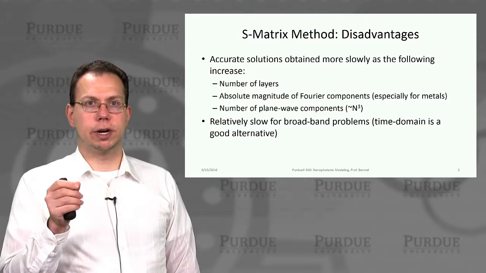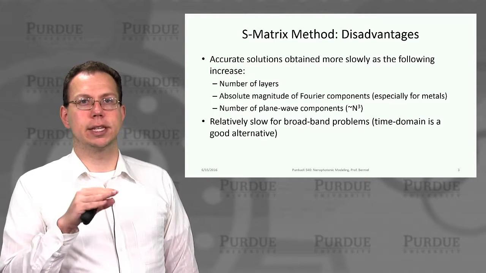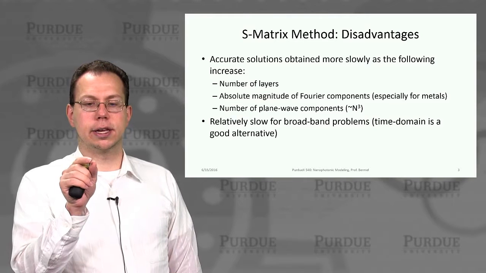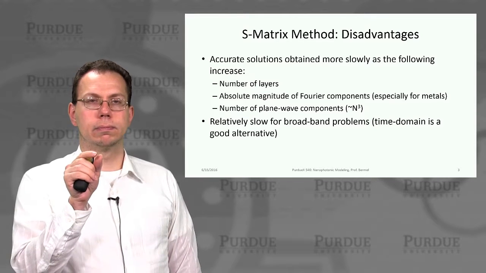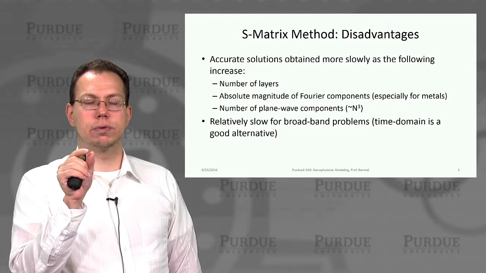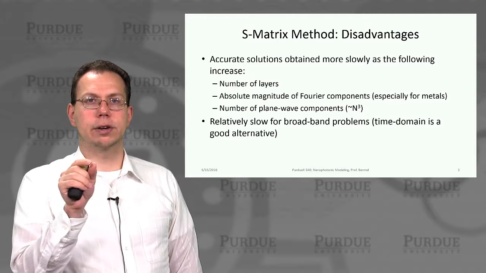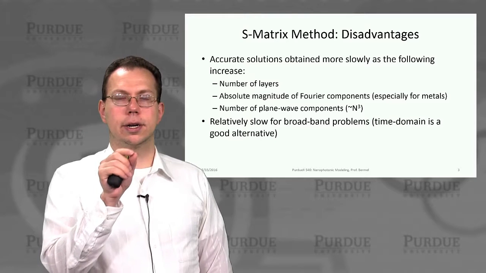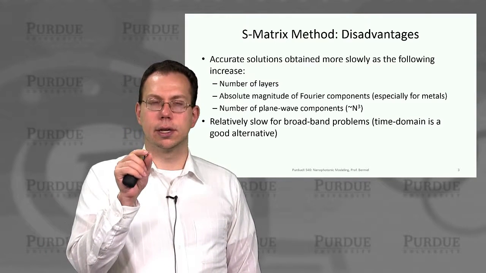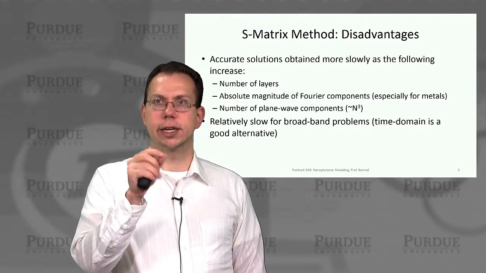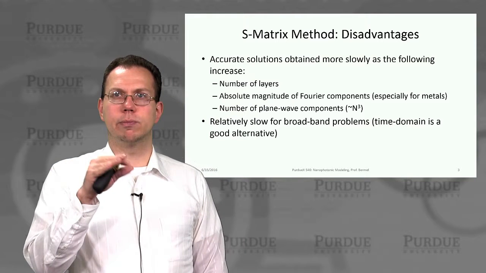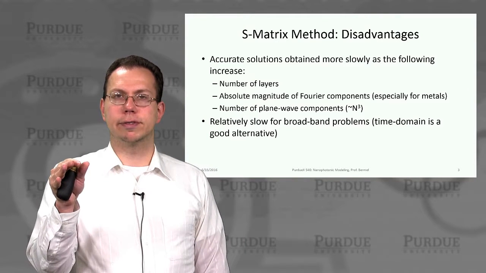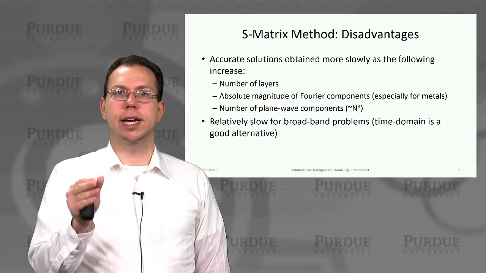One approach is to add more plane waves, because there are regions or lateral features with very, very short effective wavelengths in these plasmonic structures. More plane waves can capture that, but it comes at a price.